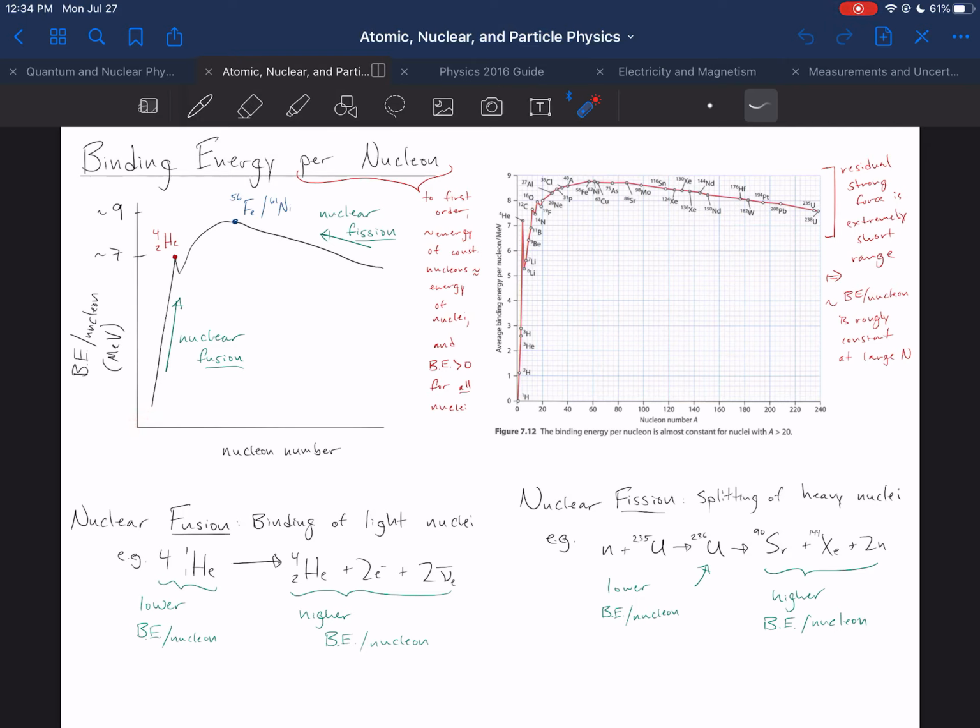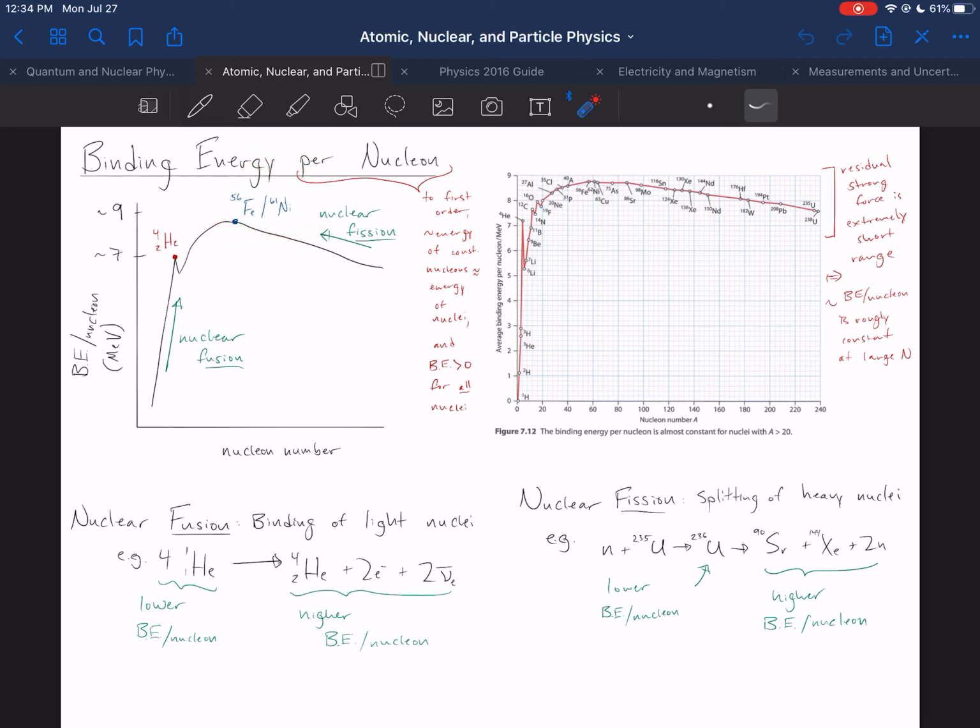But then as you go up in nucleon number, you have a very sharp spike right at the beginning to that helium-4 nuclide, and we'll talk about that in a moment, all the way up until you reach a maximum at iron 56 or nickel 61.